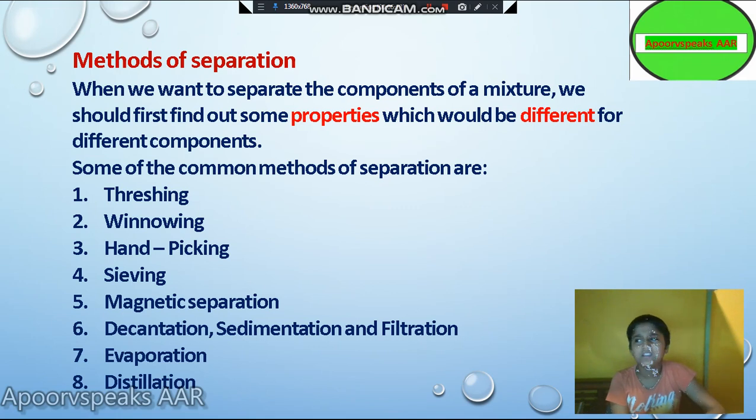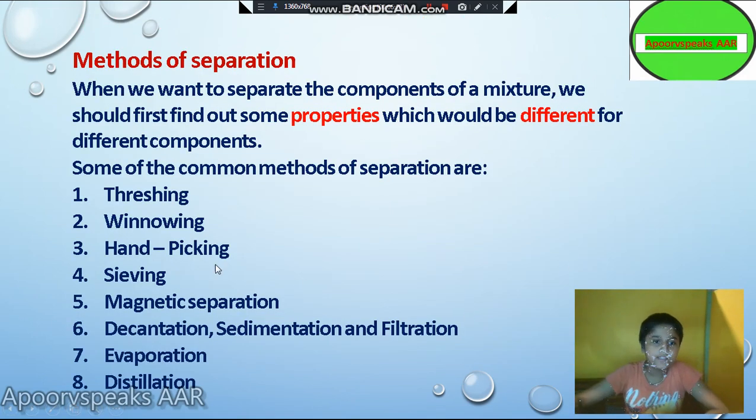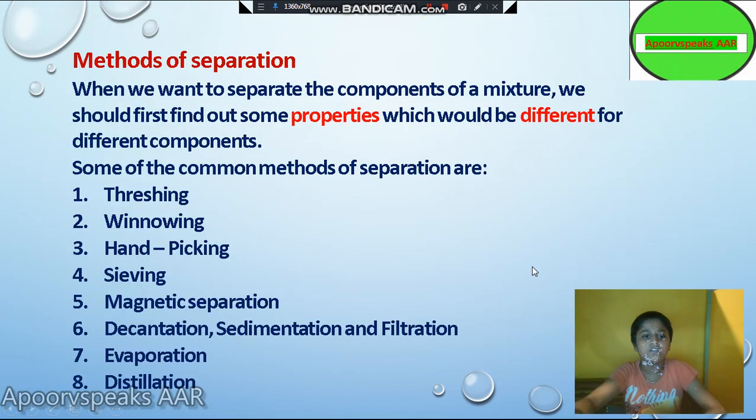Winnowing is, I think, also a similar method. And hand picking, like in the last slide I showed you. And then sieving, and so many different types like magnetic separation.